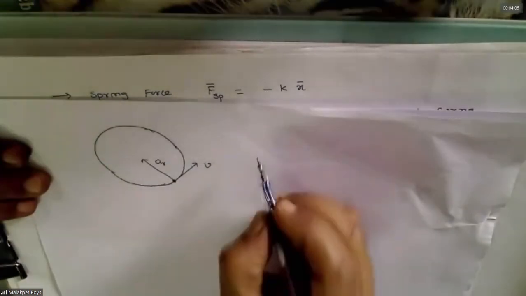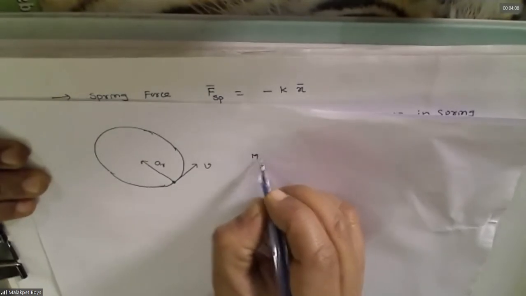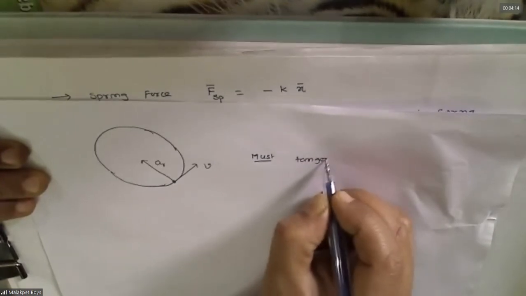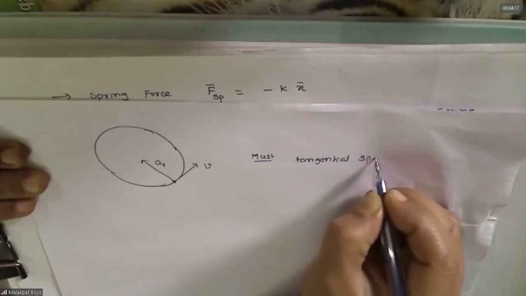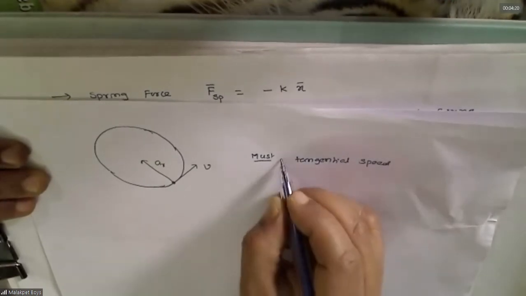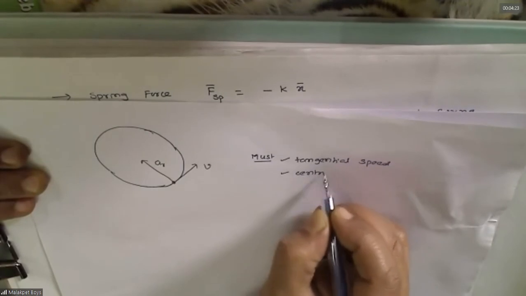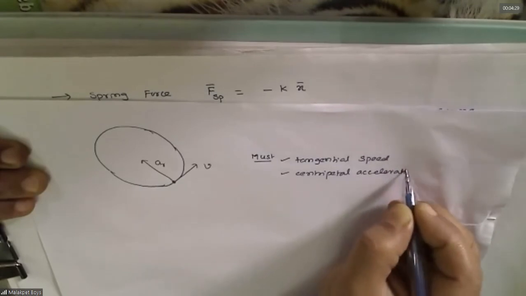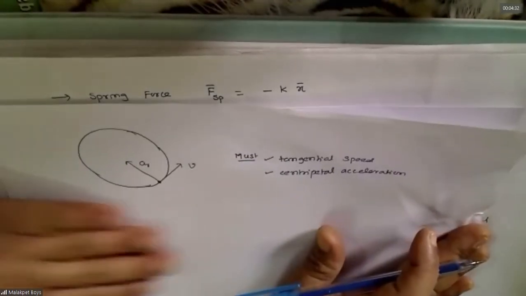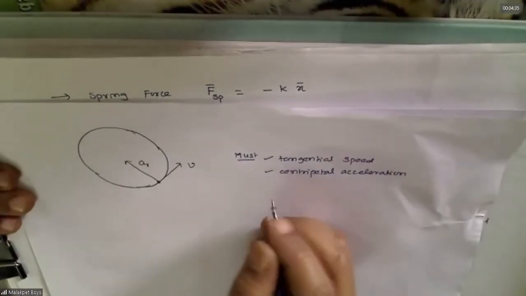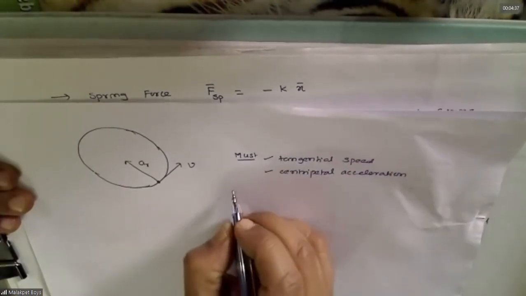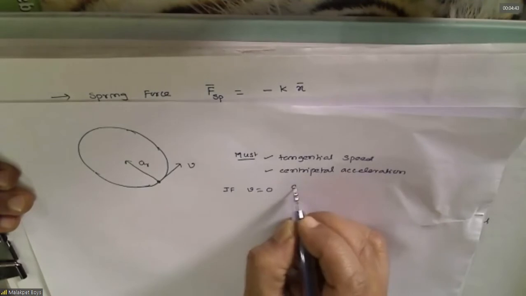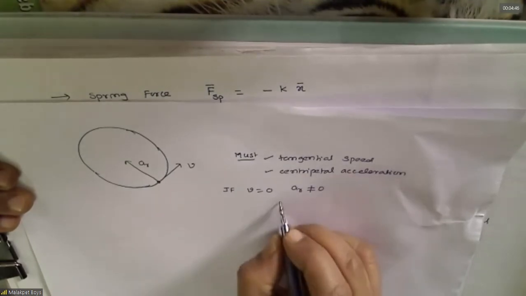Now, for example, if V is 0 and AR is not 0, what will happen?